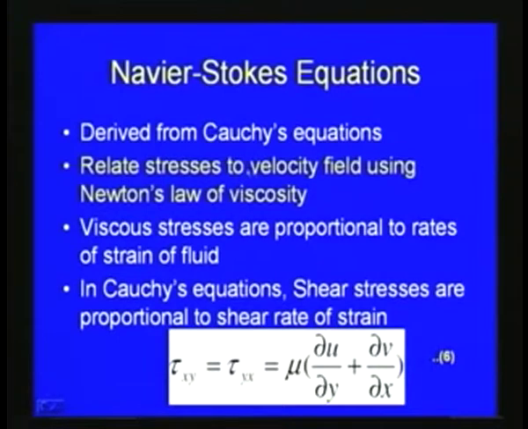Here we try to relate the stresses to the velocity field using Newton's law of viscosity, where viscous stresses are proportional to rates of strain of the fluid. In Cauchy's equation, the shear stresses are proportional to the shear rate of strain, so we can write tau xy is equal to tau yx is equal to mu times del u by del y plus del v by del x.